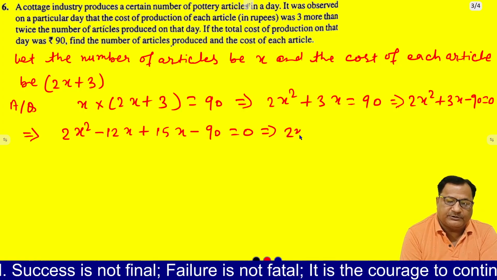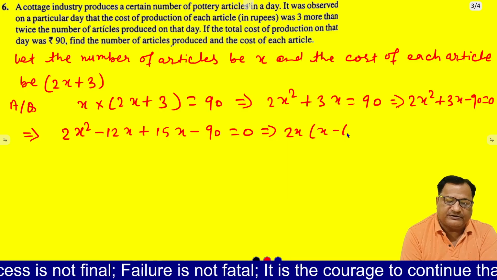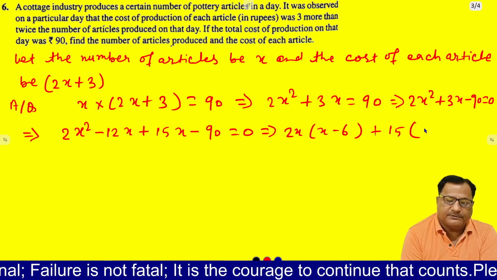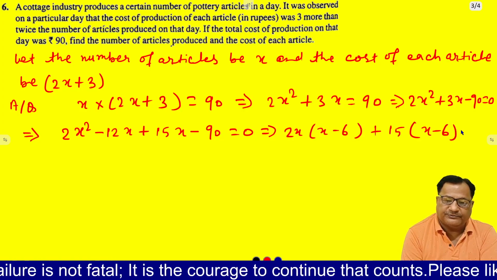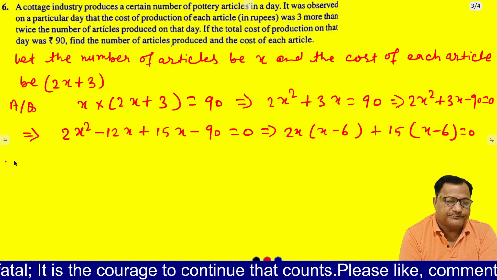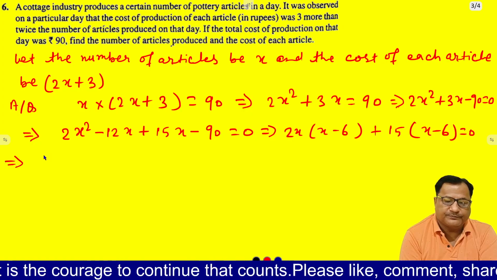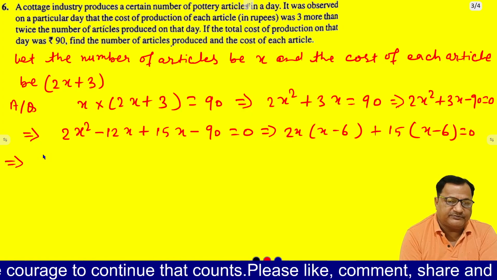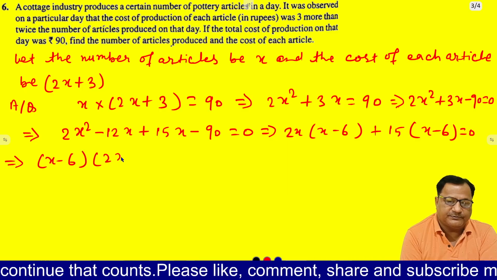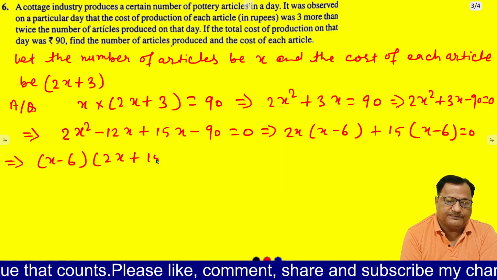If we take common 2x, x minus 6 plus 15, x minus 6 is equal to 0. If we take common x minus 6, 2x plus 15.